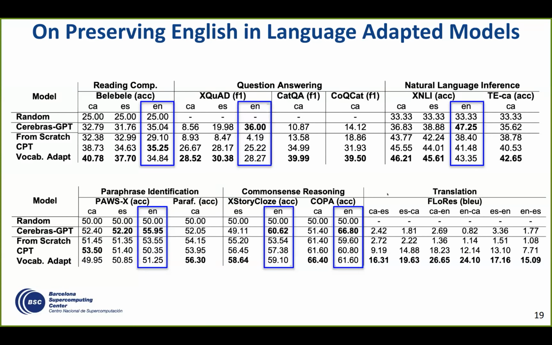But at the same time, this raises some questions, like how to better maintain the English capabilities, if this can be improved by changing the proportion of English in the training data, and whether keeping some English data in the training dataset can also benefit the 3 languages by creating some kind of anchoring effect, which we also saw in the literature.